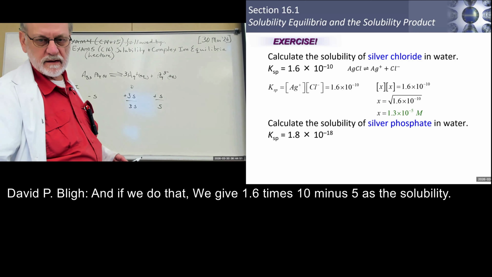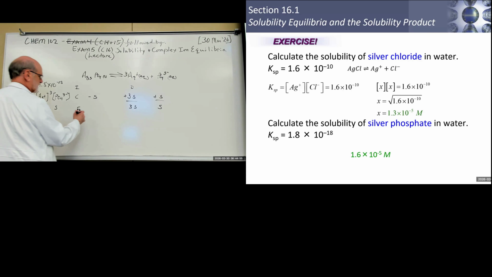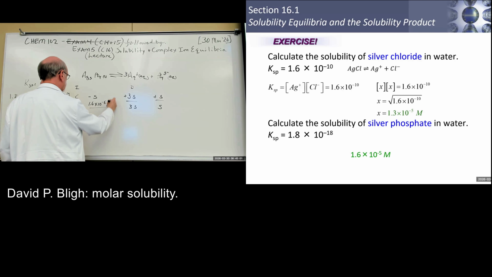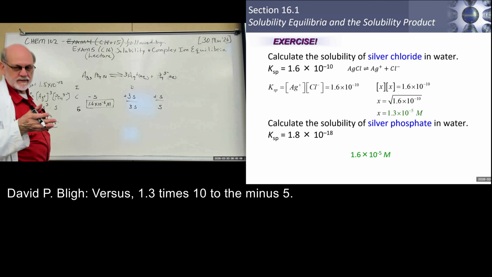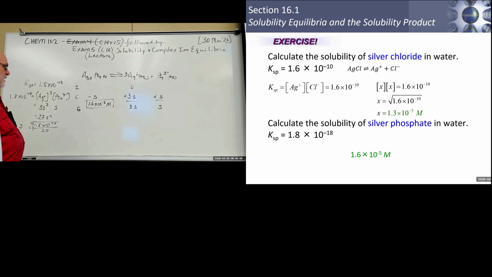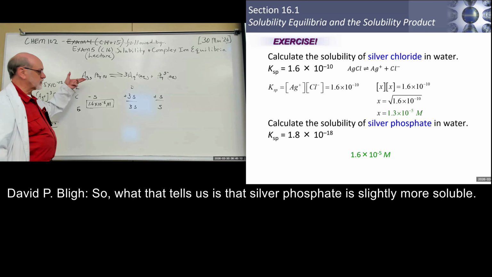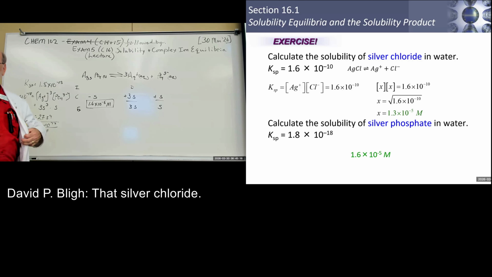And if we do that, we get 1.6 times 10 to the minus 5 molar solubility versus 1.3 times 10 to the minus 5. So what that tells us is that silver phosphate is slightly more soluble than silver chloride.